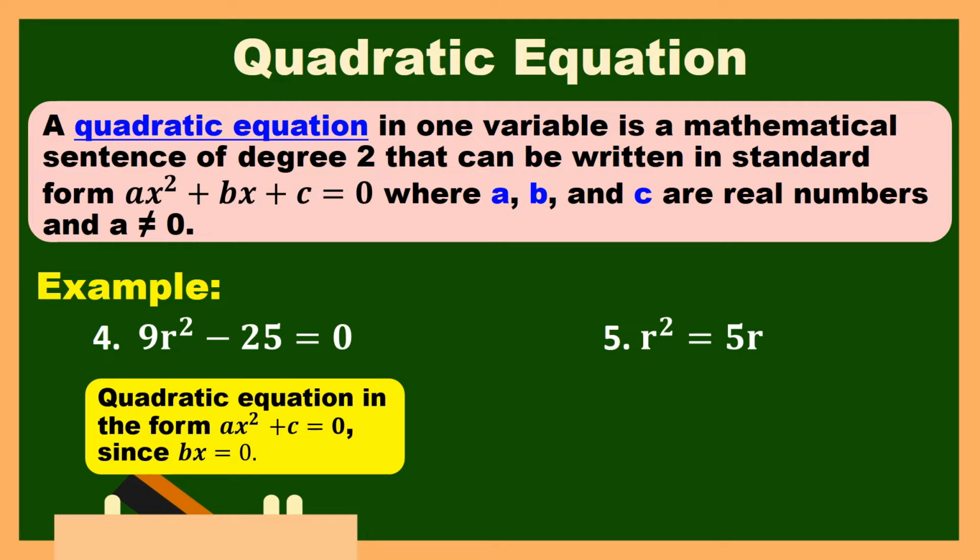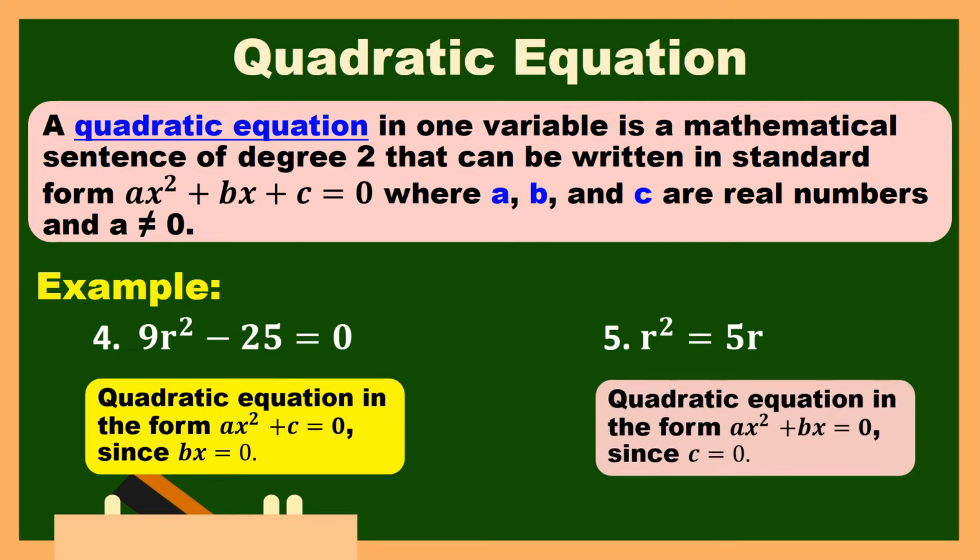At ang number 5 naman ay still quadratic equation but in the form of ax squared plus bx equals 0 since c is equal to 0. Ang tinatawag dito na c ay yung constant term, yung number lang at wala siyang kasamang variable. So, ang number 5 ay quadratic equation pa rin, pero in the form of ax squared plus bx equals 0.